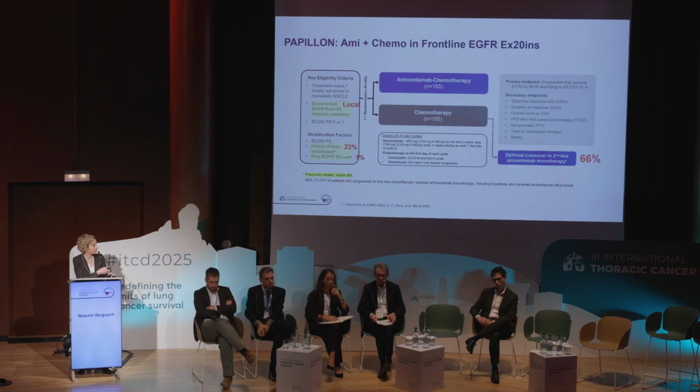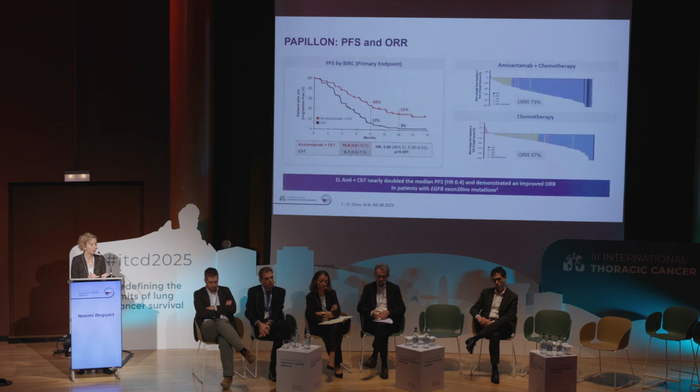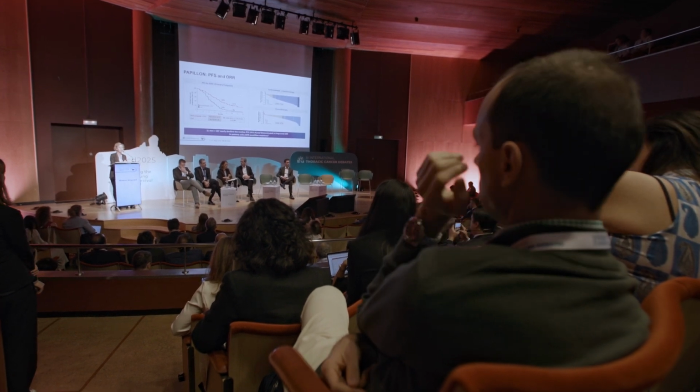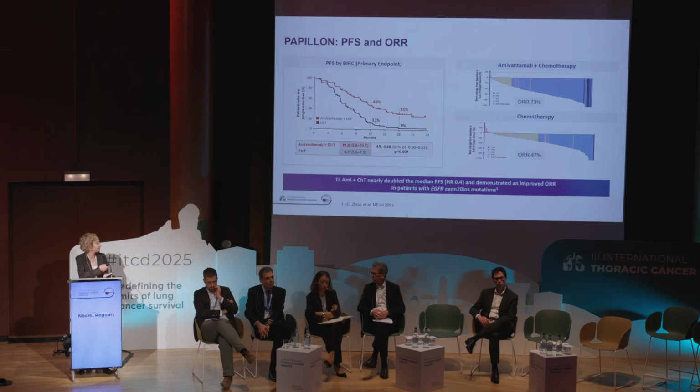And this is very important also to keep in mind when we are reading the results. You can see here that more than two-thirds of the patients received amivantamab at second line after progression to chemotherapy. And this was a really clear positive trial. You can see the curves, the PFS curve, which was the primary endpoint, how they separate early in time.